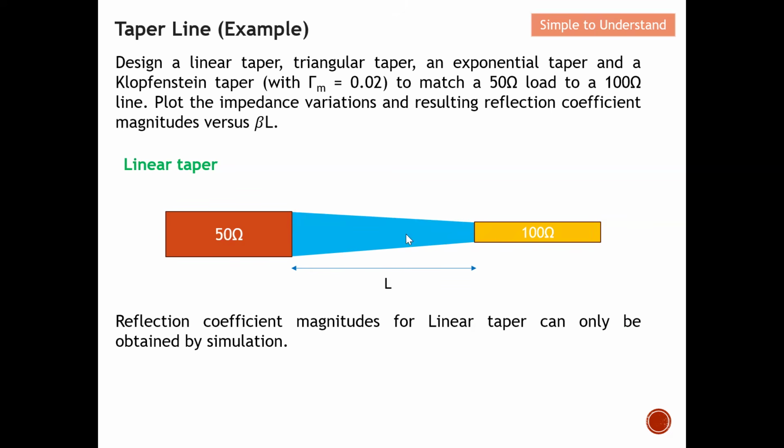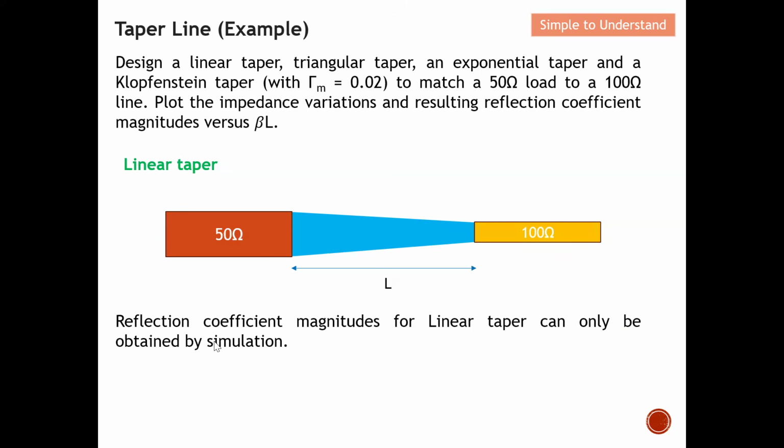The longer the impedance matching section, the better the matching, because we are going to have a lower reflection coefficient. In short, the longer you can have, the lower the reflection coefficient. But for this linear taper, the reflection coefficient magnitude is much more difficult to analyze. If you want to get the reflection coefficient, you can only do it by simulation.